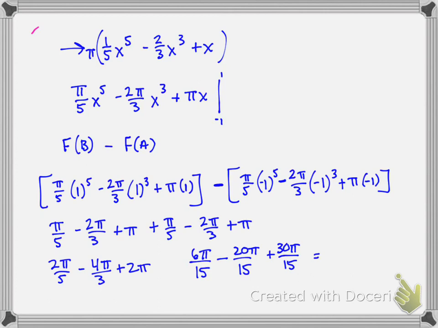So 30 minus 20 is 10. And then I have this 6 here. So if I add these together, I'm going to do 36 pi over 15 minus 20 pi over 15. I'm just combining like terms. And when I do the math, I get 16 pi over 15. And that is my volume.